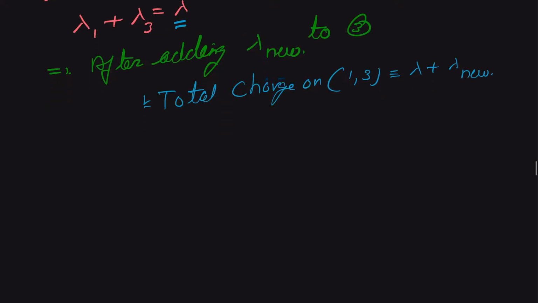Now the battery has been disconnected, so conductor 2 is isolated, so its charge will be the same as our previous one.